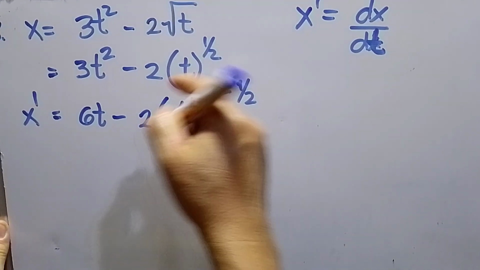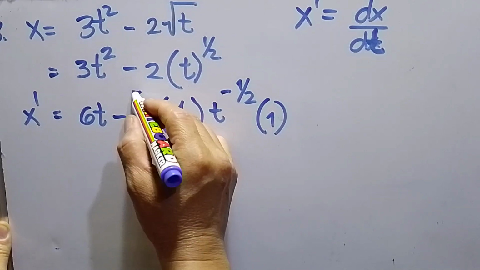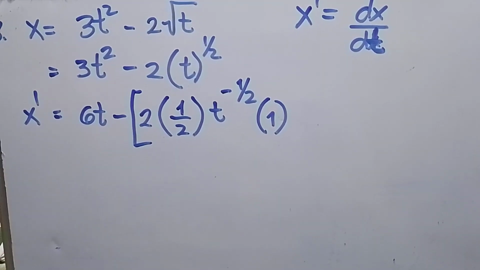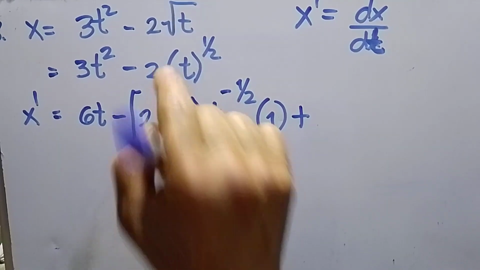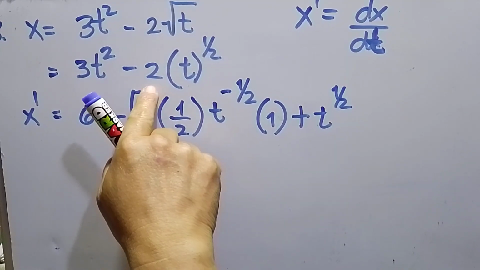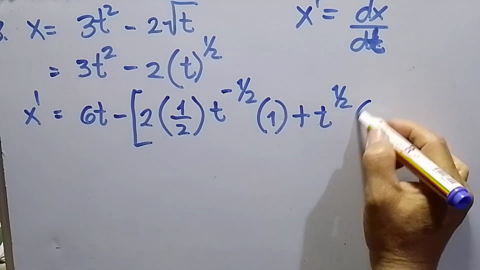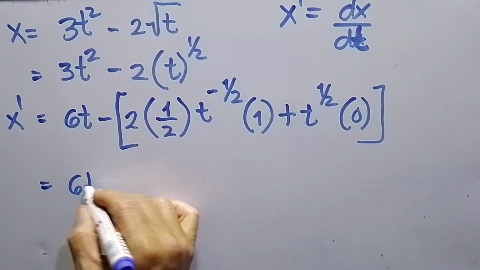And then the derivative inside will be 1. I need to write the square brackets. Then plus. I will copy the second, t raised to half, and then the derivative of a constant will be 0. So this will be 6t.